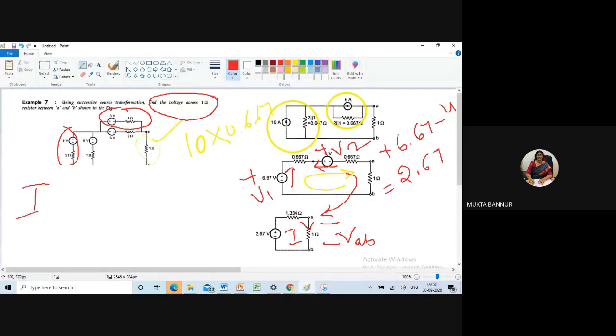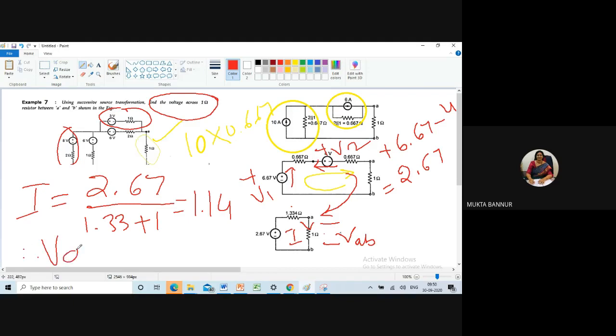I is equal to 2.67 divided by summation of these two resistors, that is 1.33 plus 1. What was the answer? 1.14. Is it okay? Yes, ma'am. Now, therefore, VAB equal to 1.14 into 1. What is the answer?